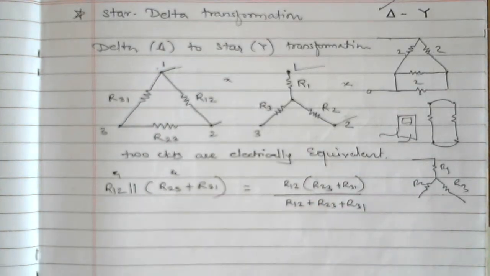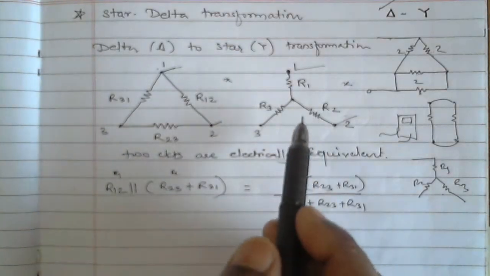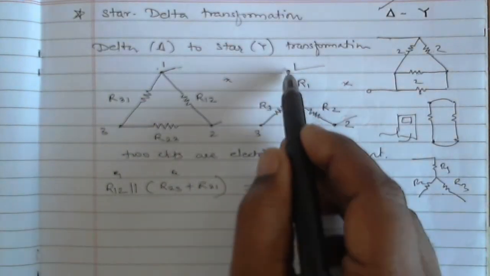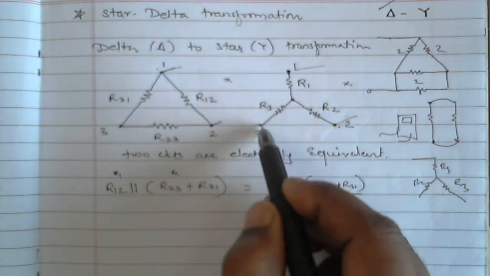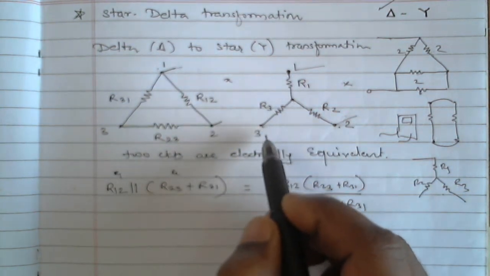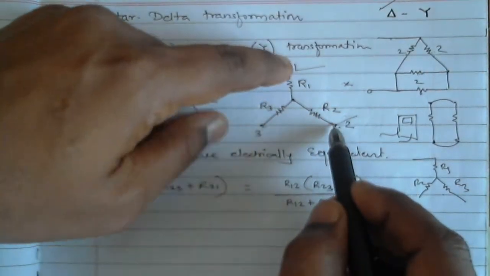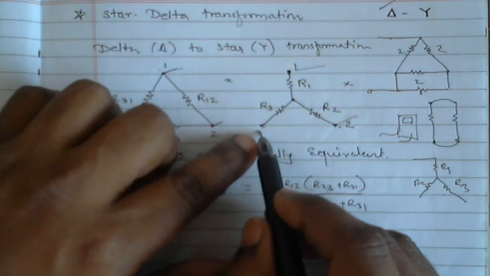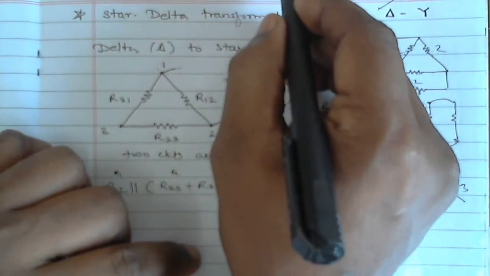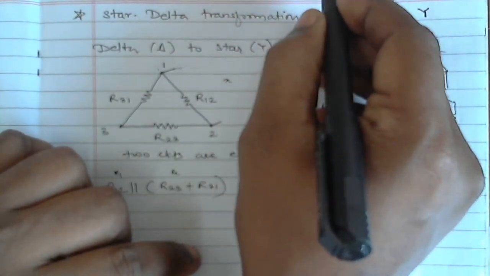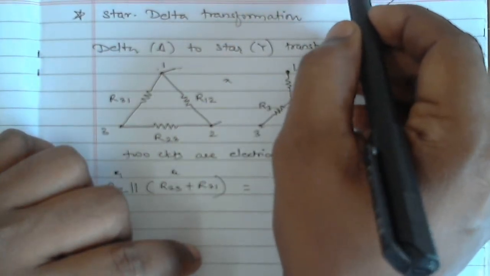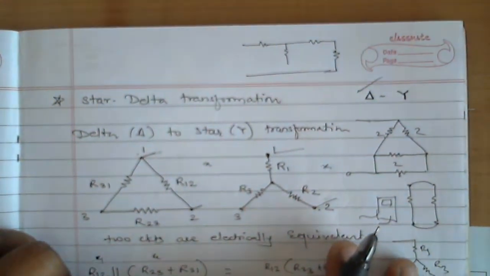Now refer to this network. When I say resistance between 1 and 2, obviously this resistance is hanging. It is of no use. When I consider these two terminals 1 and 2, the third terminal is of no use.